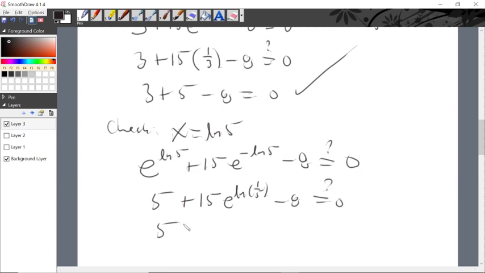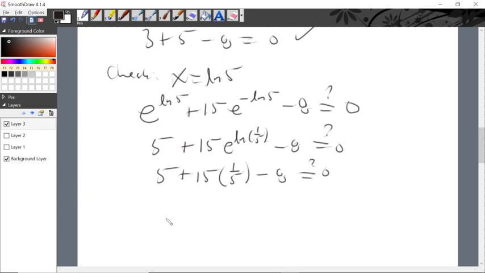Okay, so we get 5 plus 15 times 1/5 minus 8. And that's going to be true. 15 times 1/5 is 3. 5 plus 3 minus 8 does equal 0. So that's true. So both those solutions are valid.